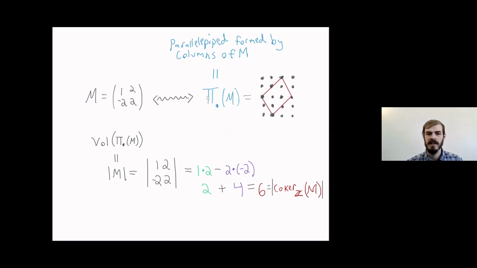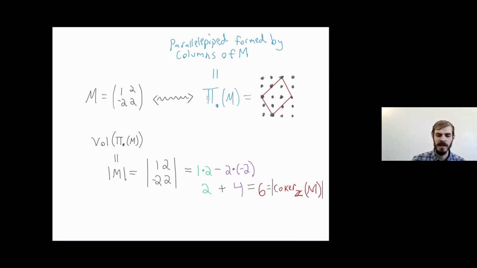So next I want to introduce a notation. I'm going to use pi dot for the parallelepiped formed by the columns of M. So this is just, you take the columns of M, you do 0 to 1 multiplied by each one, and you get this higher dimensional analog of a parallelogram. And it's well known in linear algebra that the volume of this parallelepiped is going to be the determinant of your matrix.